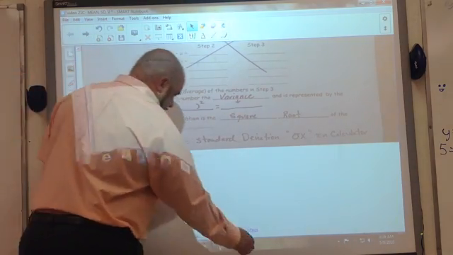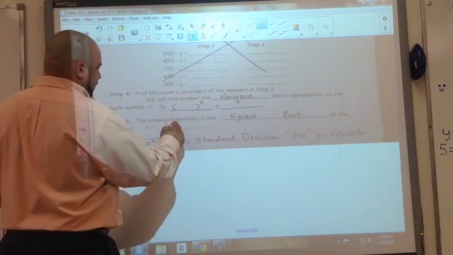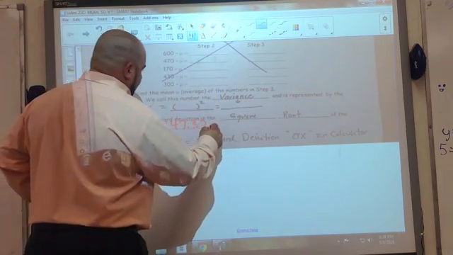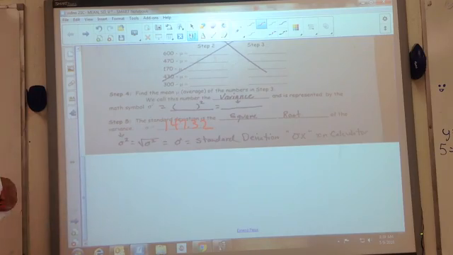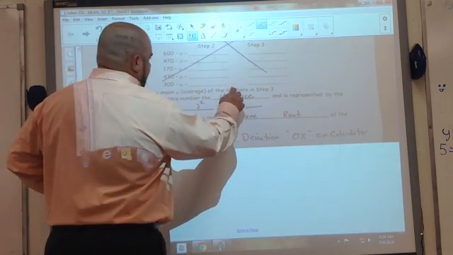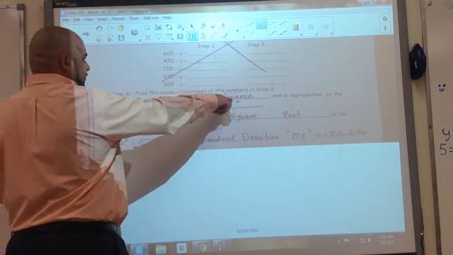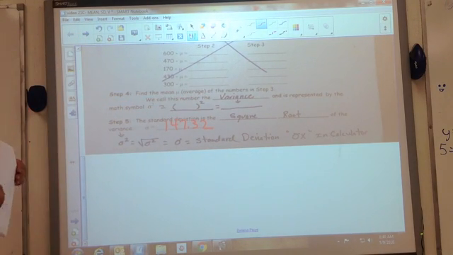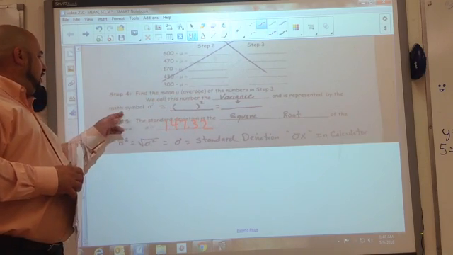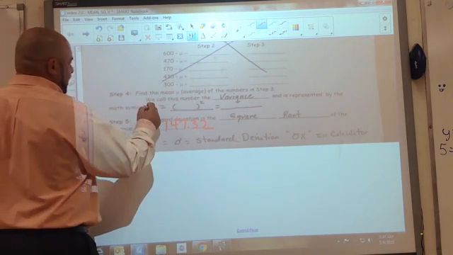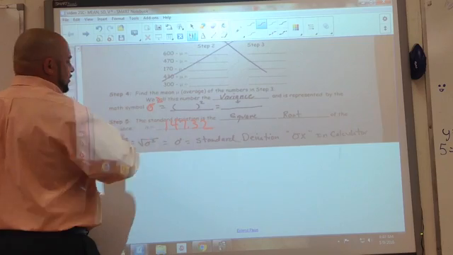So the standard deviation is 147.32. But something else that we're going to deal with is called the variance. When you find the mean of the number, step 3, we call this number the variance, and it's represented by the math symbol, which is your standard deviation symbol squared.